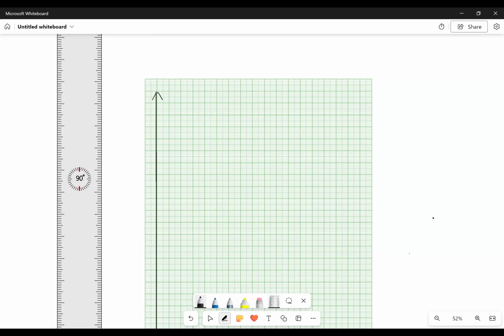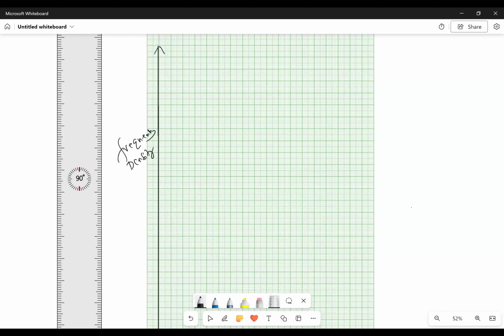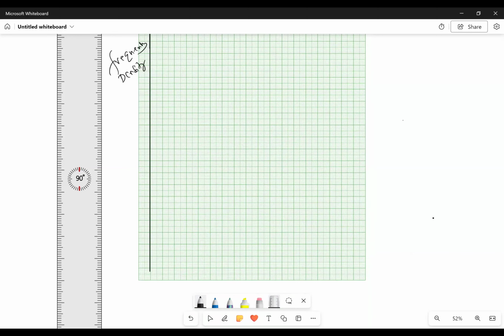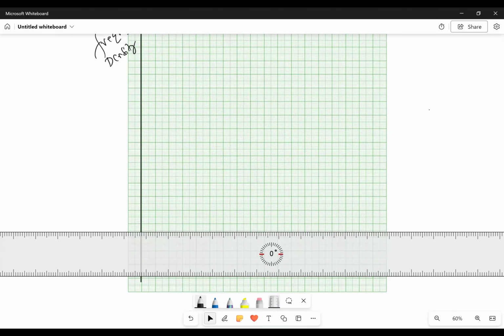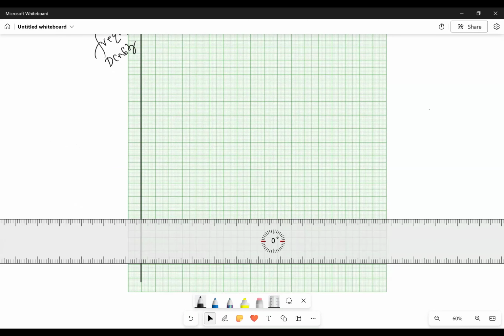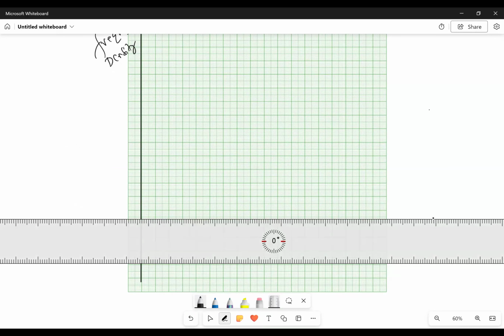So here, we have frequency density, and then on the x-axis, we shall have our upper class limits.